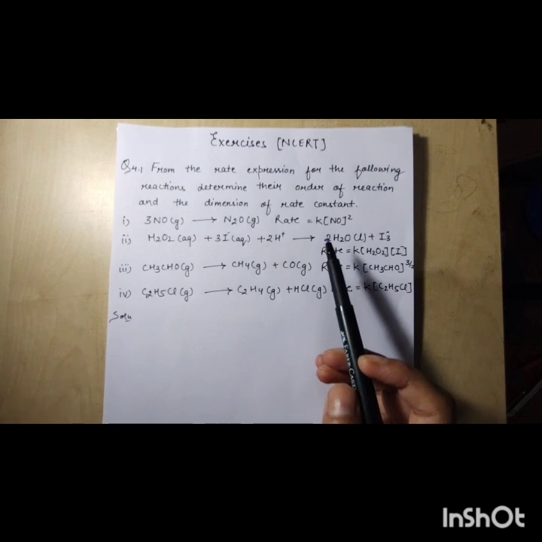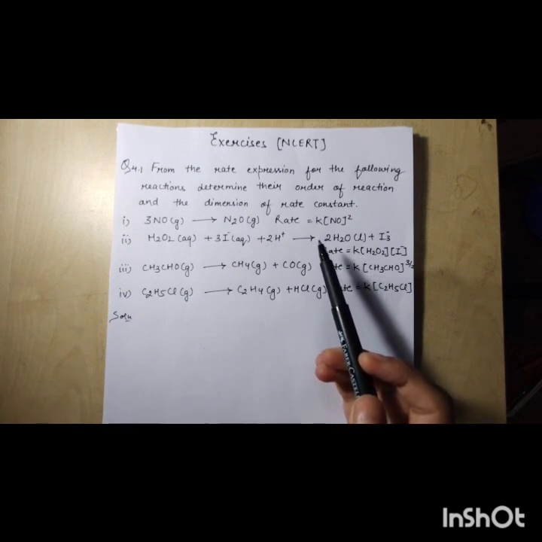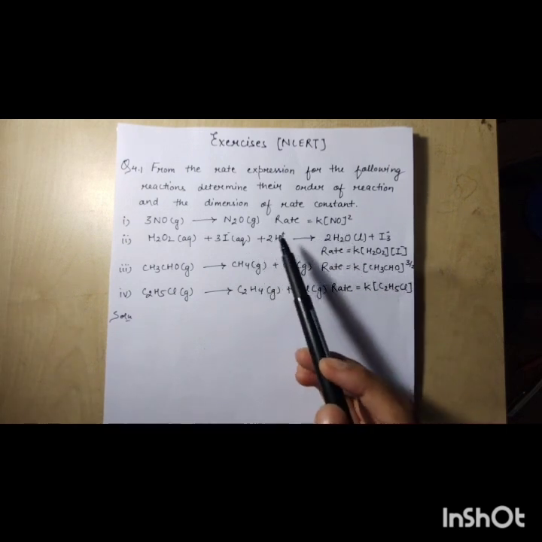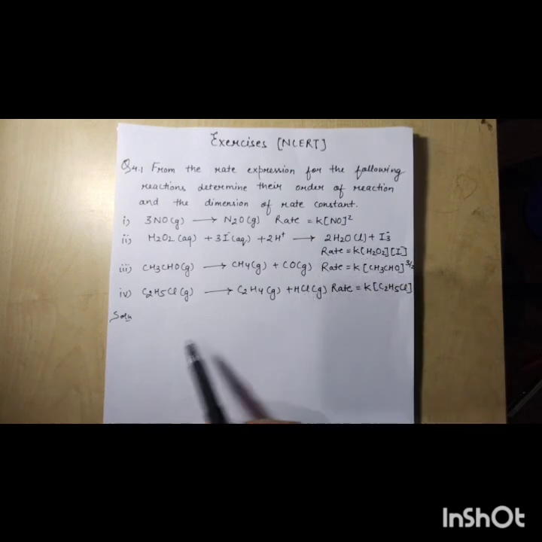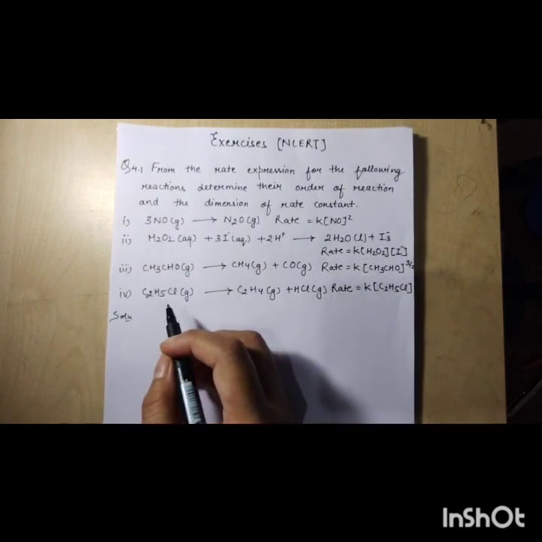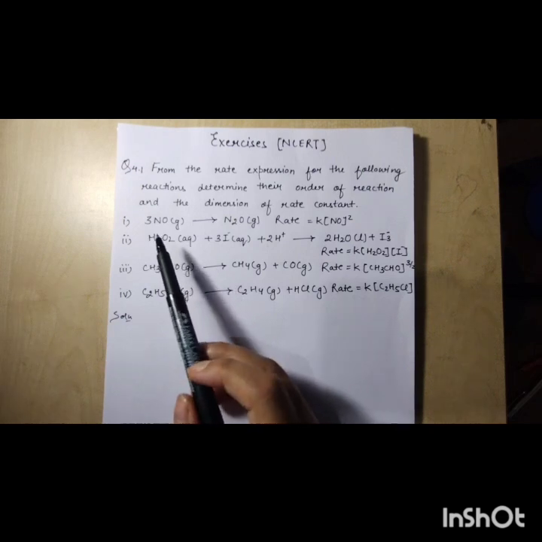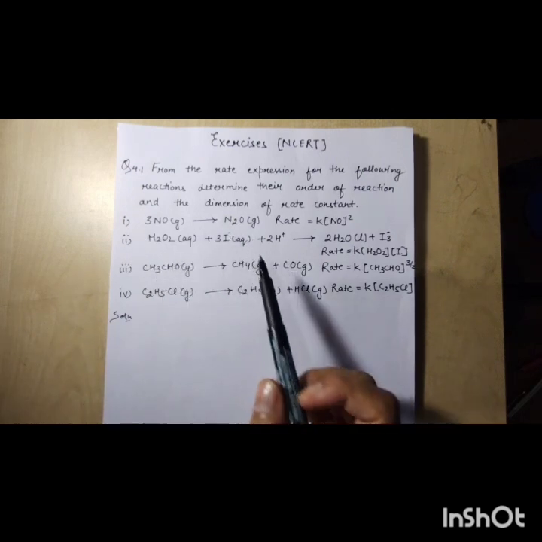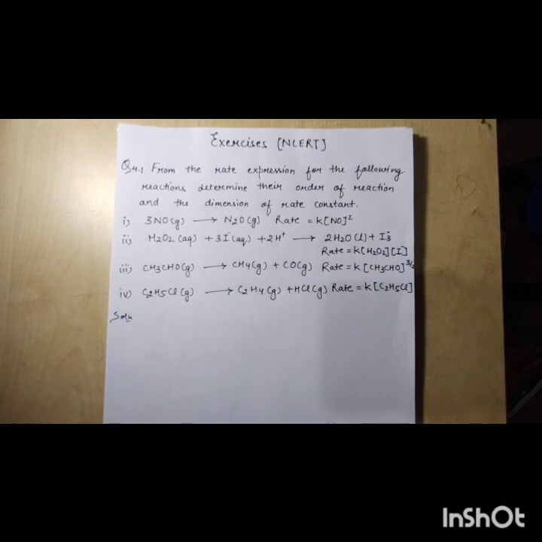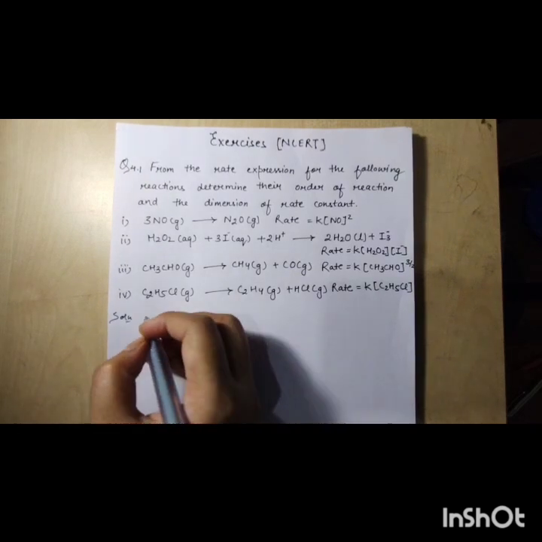So we know that order is the sum of the power of both the reactants. So here we take the first example, that is 3NO giving N2O formation.